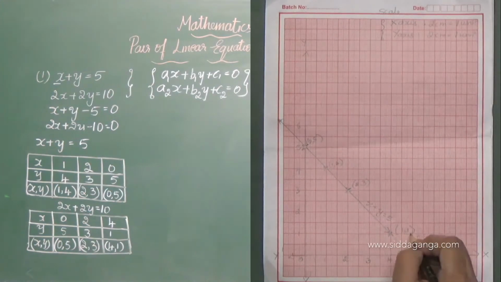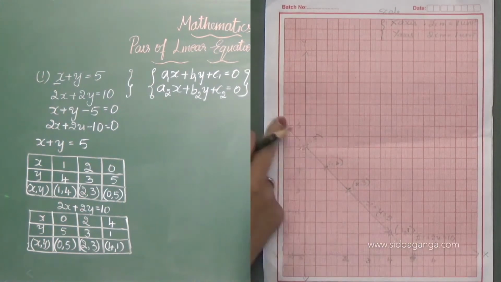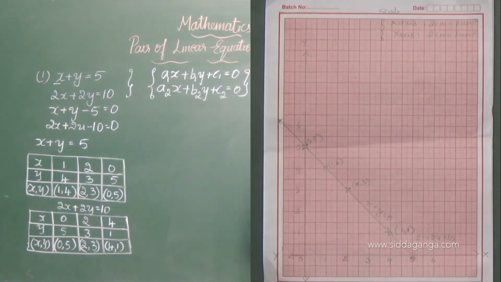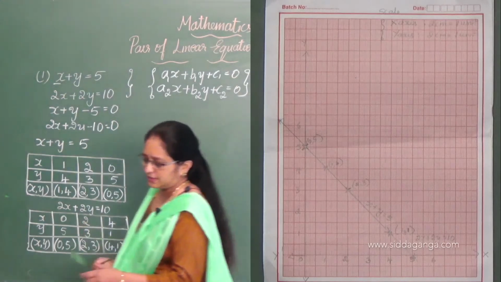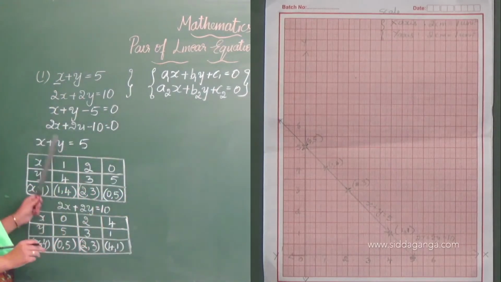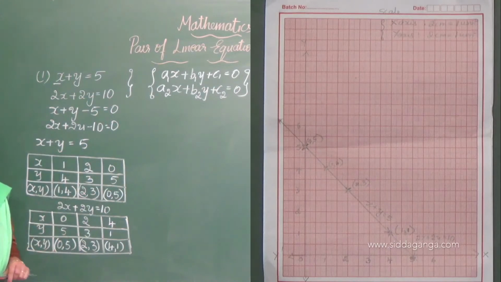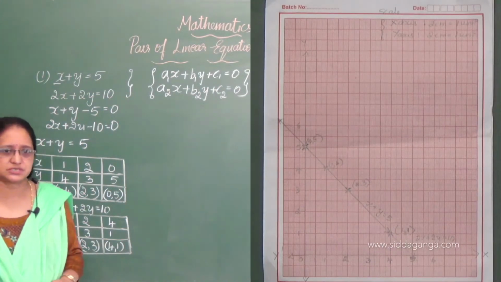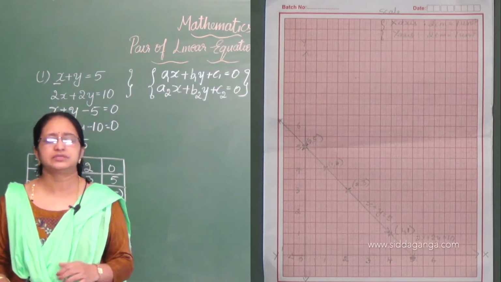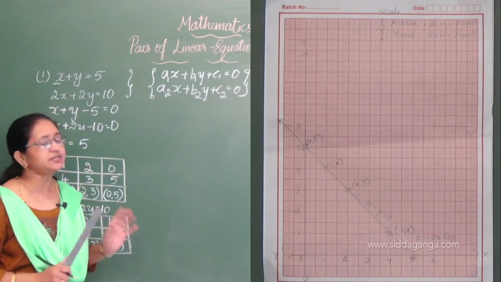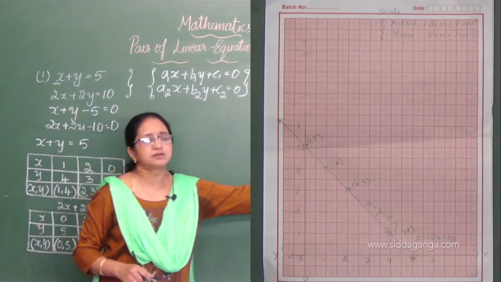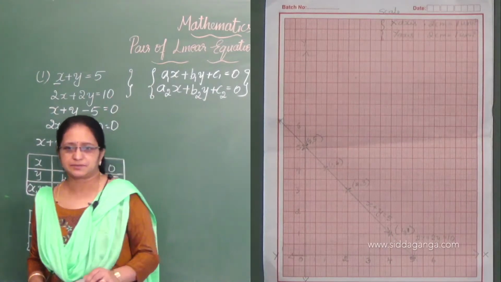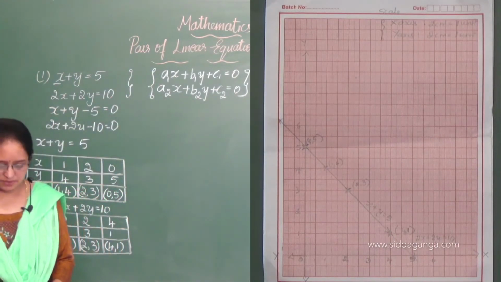So two lines are coincident here. We just proved it algebraically by comparing the coefficients, and that told us we would definitely get a coincident line. Actually we proved it by plotting the graph. Now we will move on to the second one.